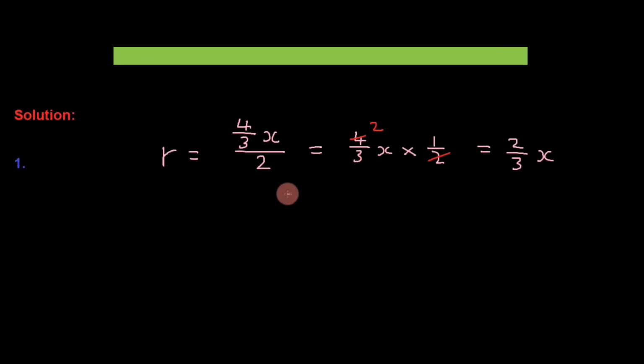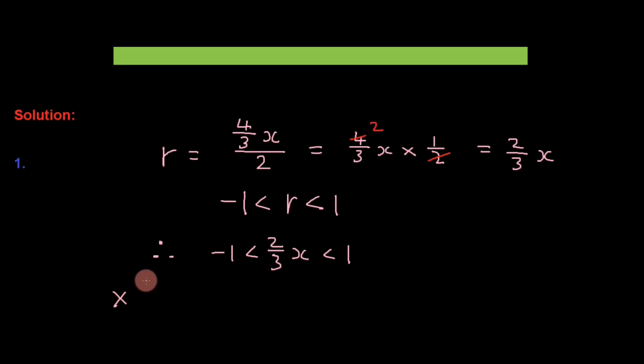We know that r must be between positive and negative 1 for the series to converge. So that means that 2/3 x must lie between negative and positive 1. We want to isolate x here in the sandwiched inequality, so we can multiply through by 3/2 to get rid of the 2/3 here.